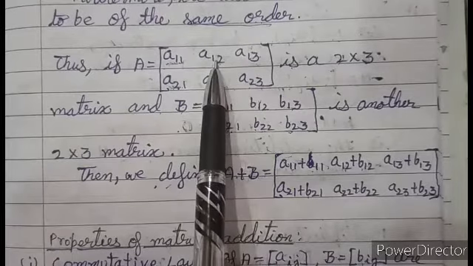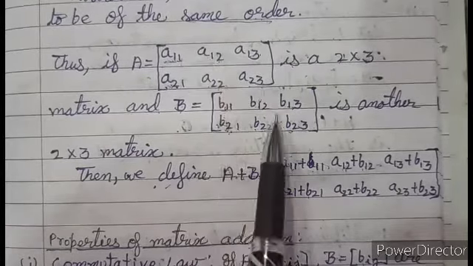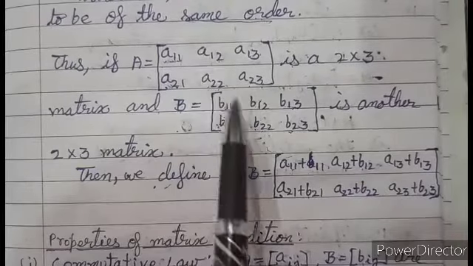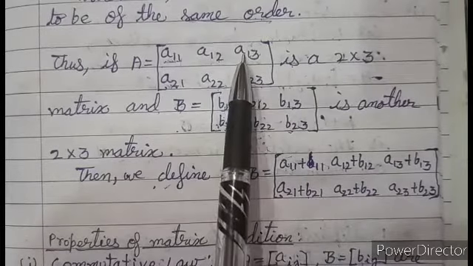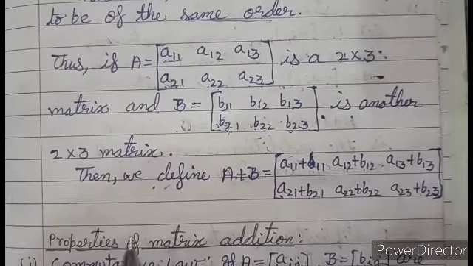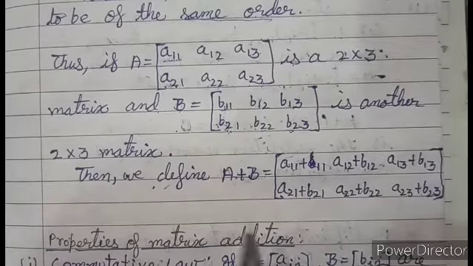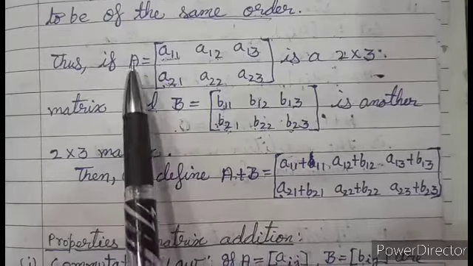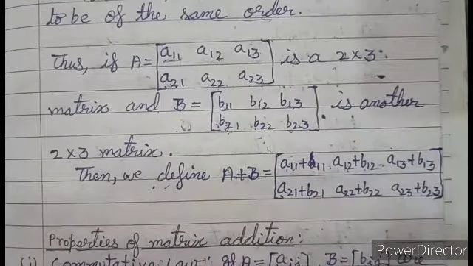The second element will be obtained by adding the second elements of the first row, that is A12 plus B12. The third element will be A13 plus B13. Similarly, we can obtain the other elements by adding the corresponding elements of A and B.